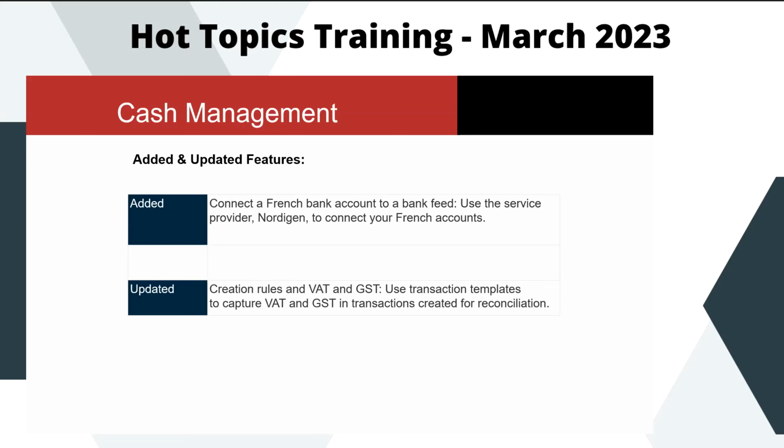Just know, to calculate and record VAT or GST on created transactions, just use a transaction template and select an existing tax schedule. Then add that transaction template to that creation rule.